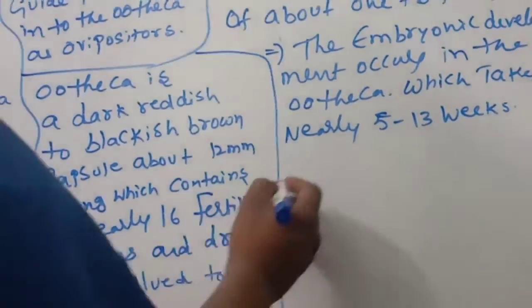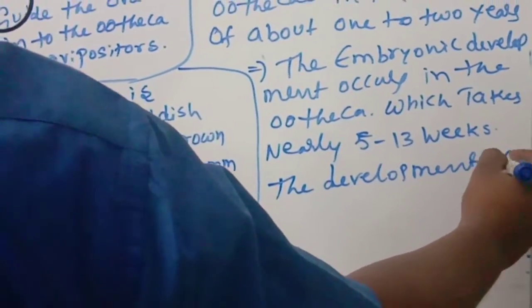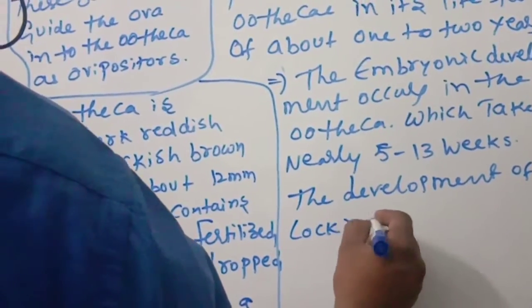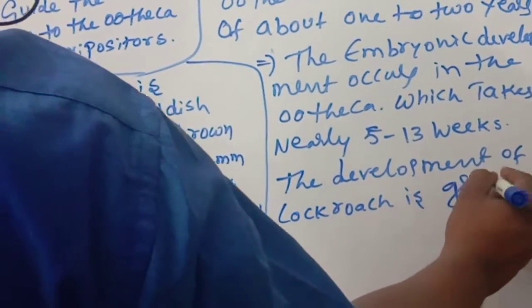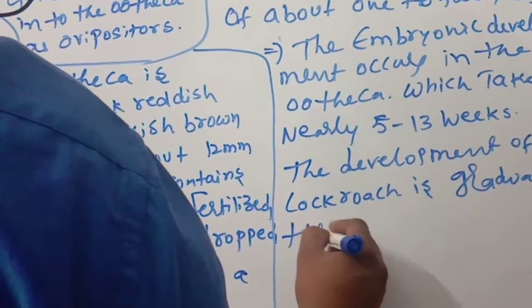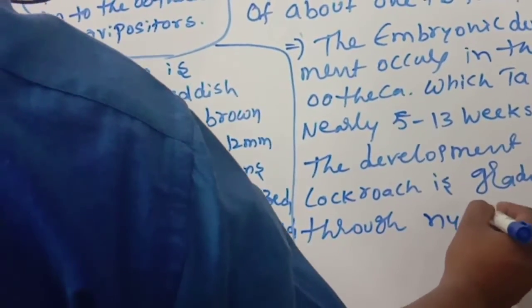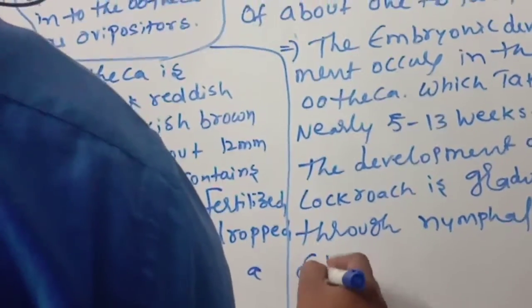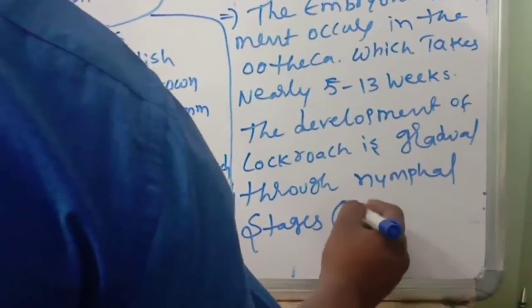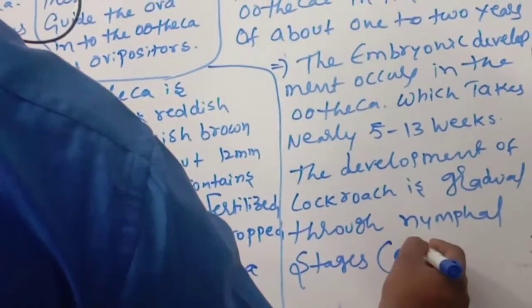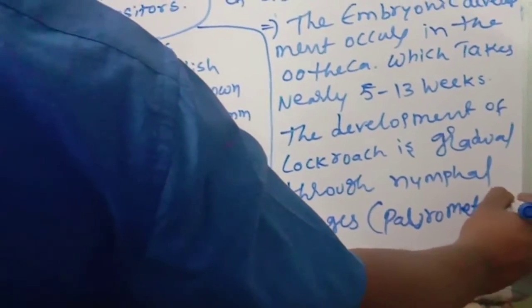The development of cockroach is gradual through nymphal stages. This is important. Parametabolous.